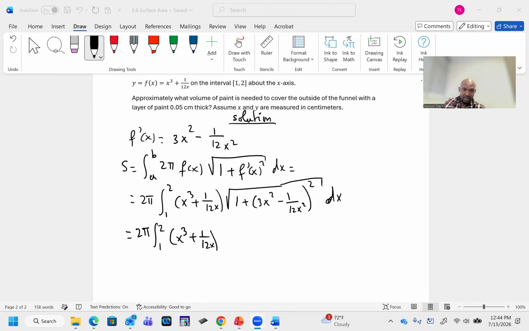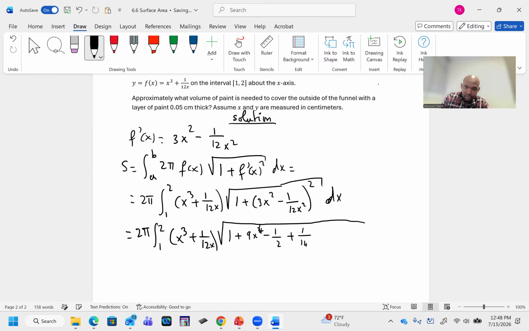So I will get this one, right? Plus 9x squared, minus 1/2, plus, sorry, I said 9x squared, it is 9x to the power of 4, minus 1/2 plus 1 divided by 144 x to the power of 4, dx.